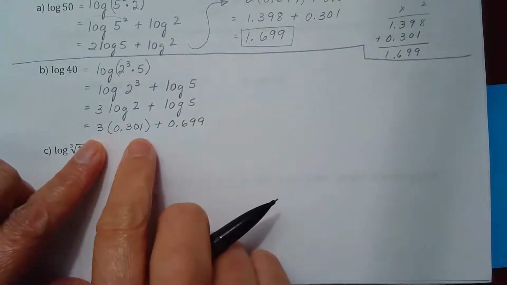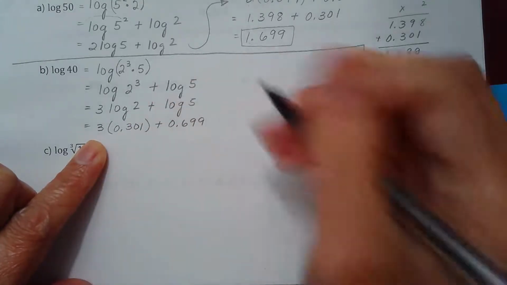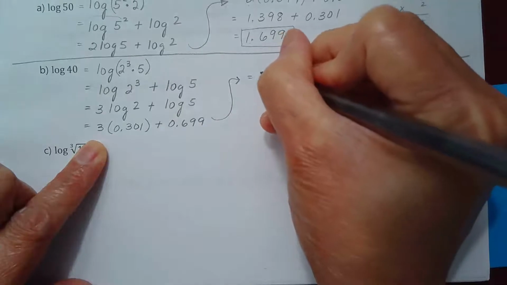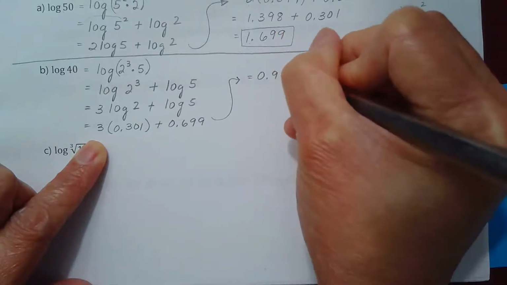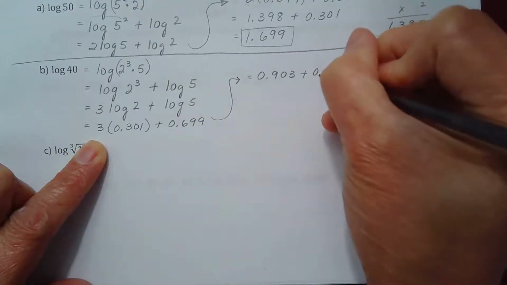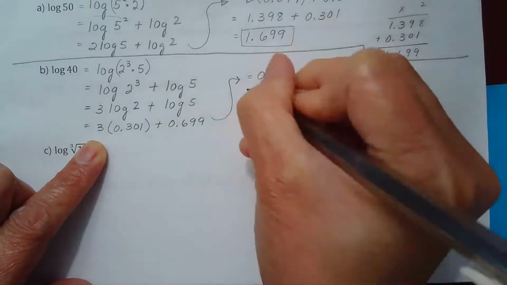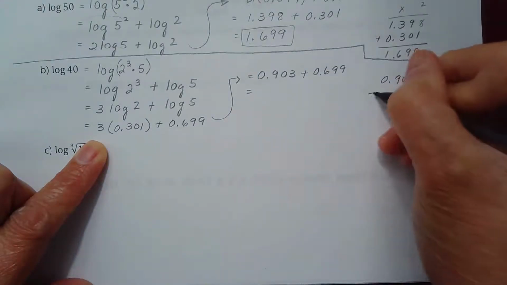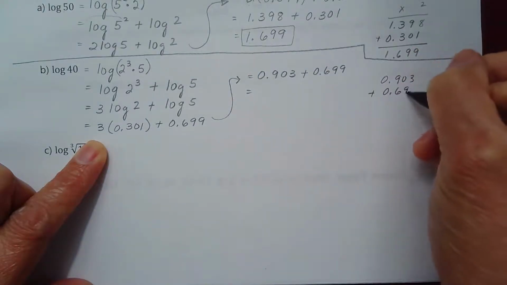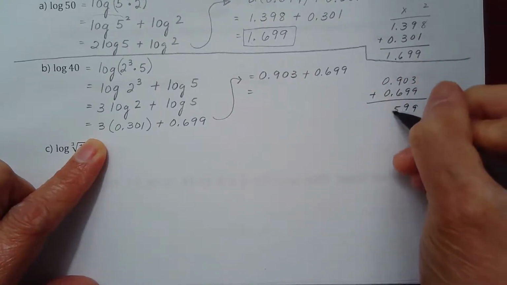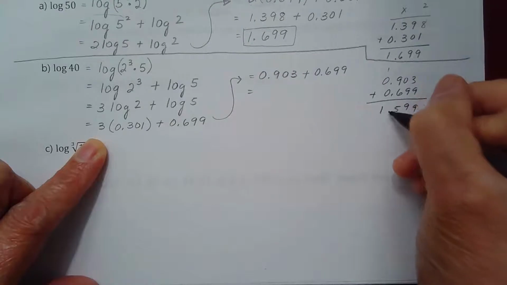Okay, I'm supposed to do this without the calculator, but I could just figure that out right here. That's going to be 0.903, plus 0.699.